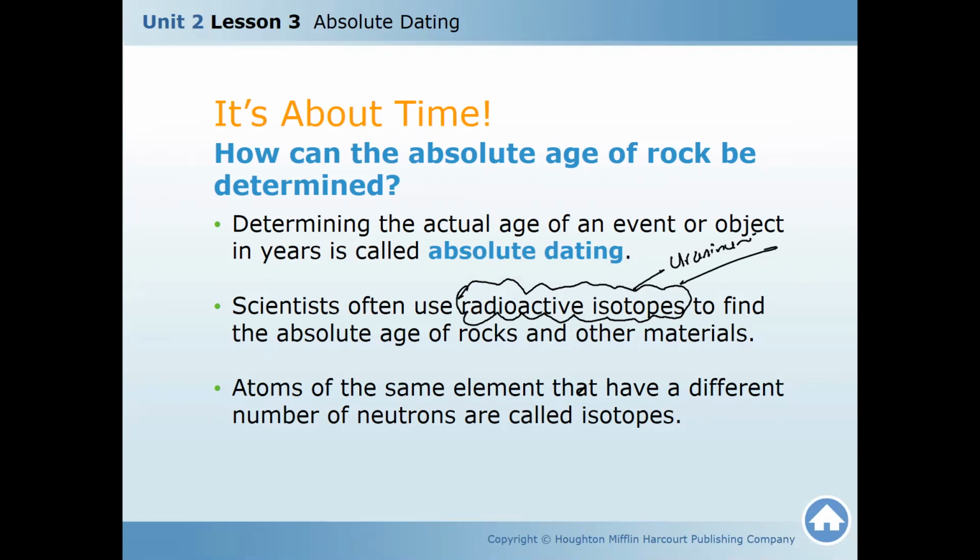Atoms of the same element that have different numbers of neutrons are called isotopes. You will not understand this until you know about chemistry, but still I want to tell you. For example, I have oxygen and I have one more oxygen. Both atomic number is 8, but their mass number is different. Their neutrons are different. Again, I have two of the same element, nitrogen and nitrogen, or hydrogen and hydrogen. Hydrogen is the first element. I write the atomic number. The mass number, they're not the same.